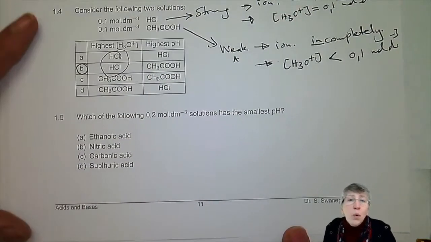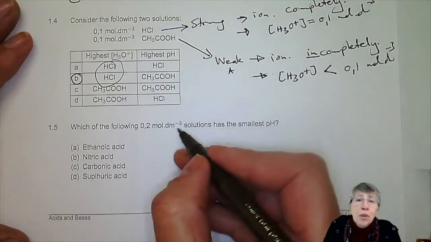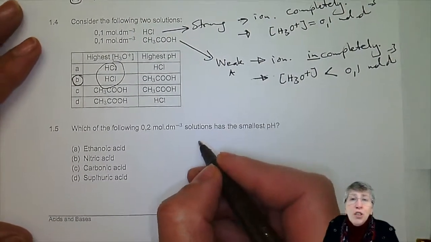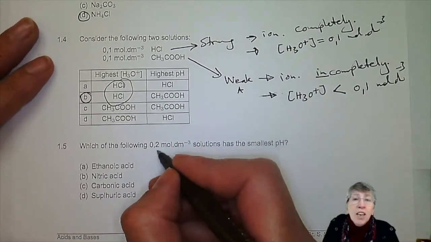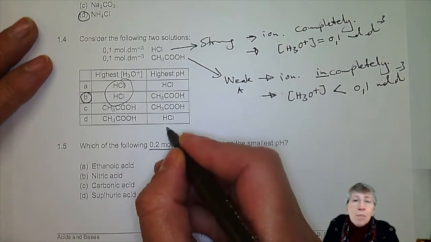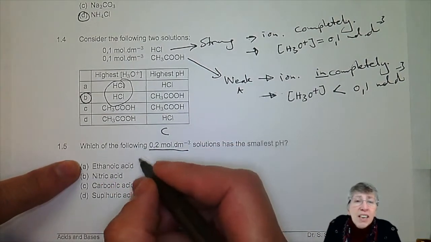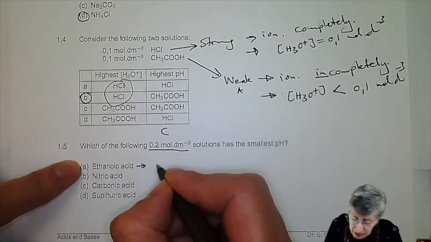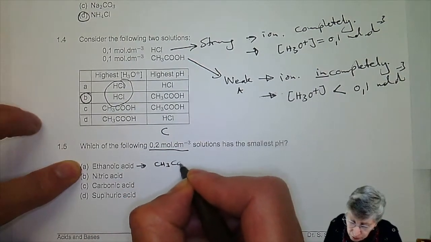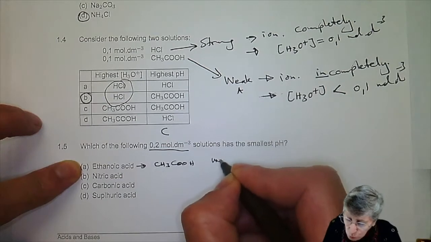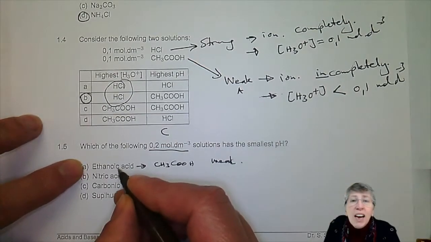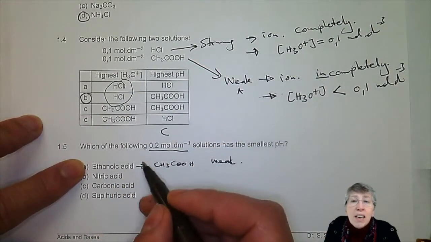Last one there, which of the following 0.2 mole per cubic decimeter solutions has the smallest pH? Now they've all got the same concentration, so how do they ionize? Ethanoic acid, CH3COOH, what do I know? This is a weak acid. It will only ionize incompletely, right?